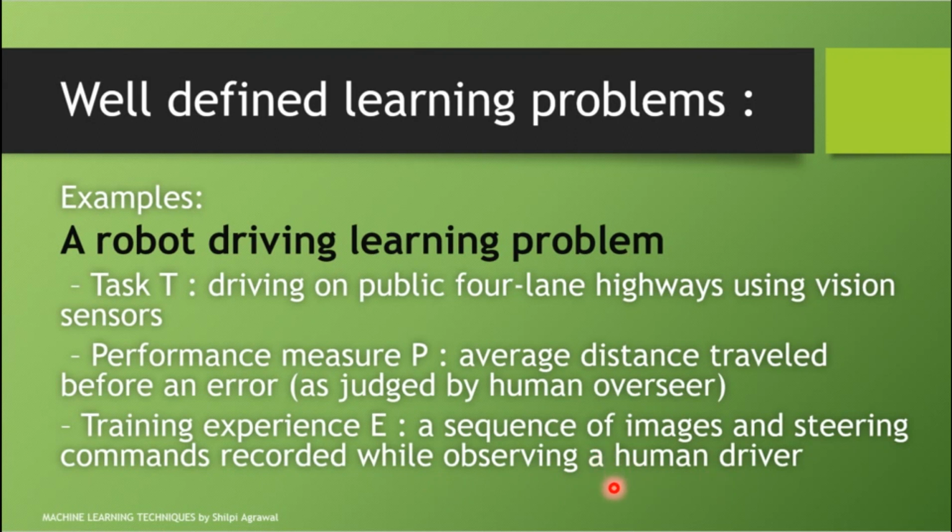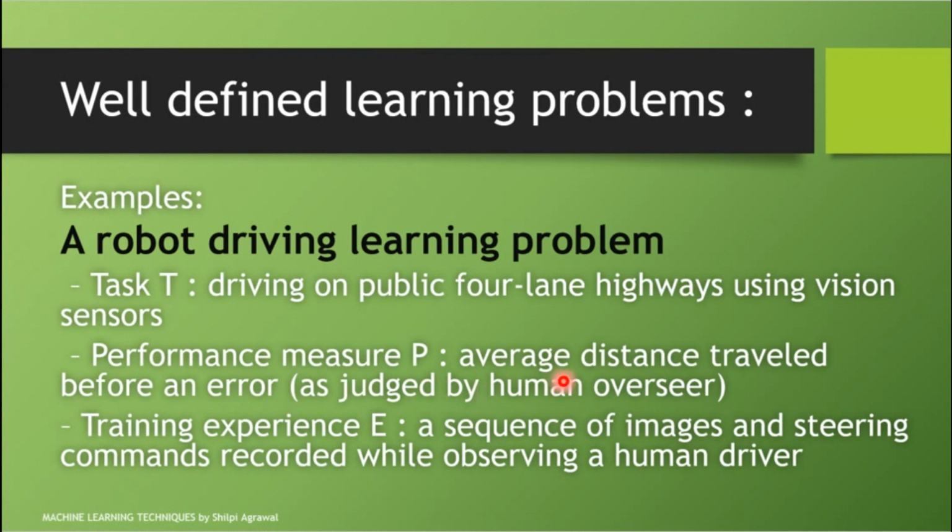We have already observed a human driver, and through this observation we collect a sequence of images and steering commands, and that is the training data. Through this data we train the machine, and on that experience data the machine can perform, and the performance measure is the average distance traveled before an error.